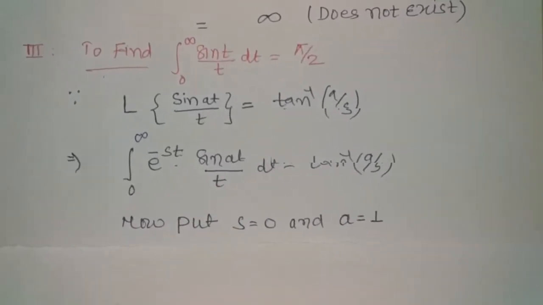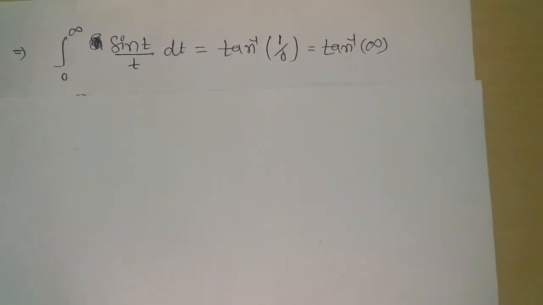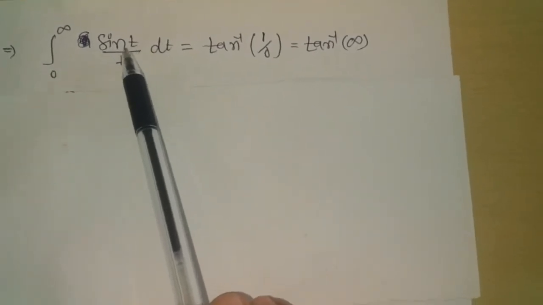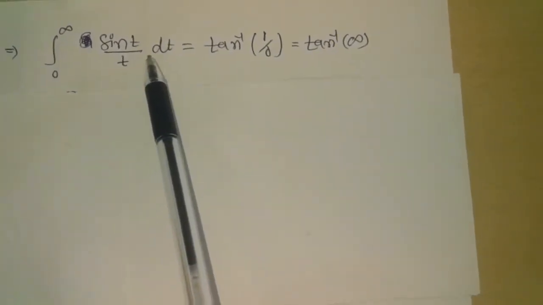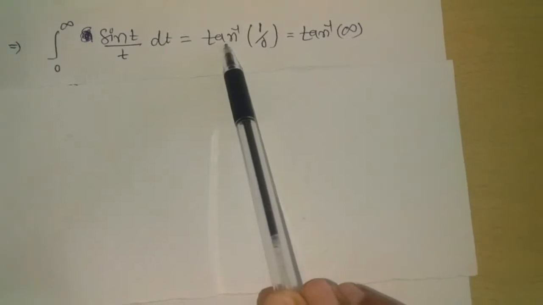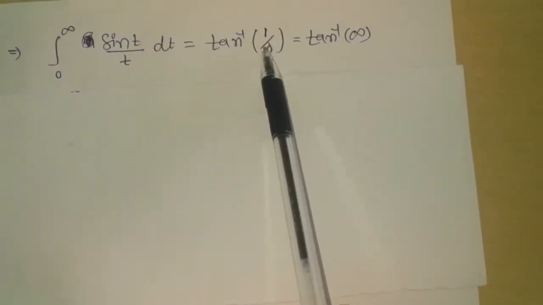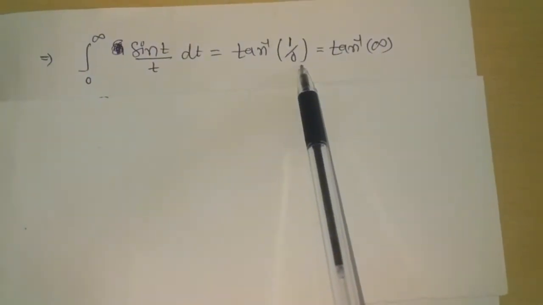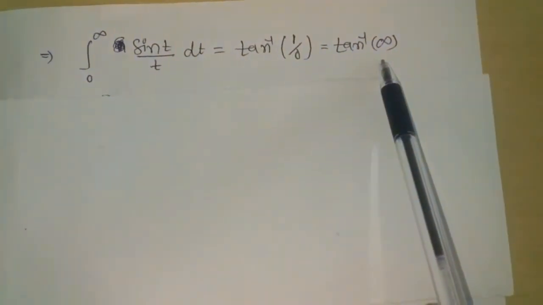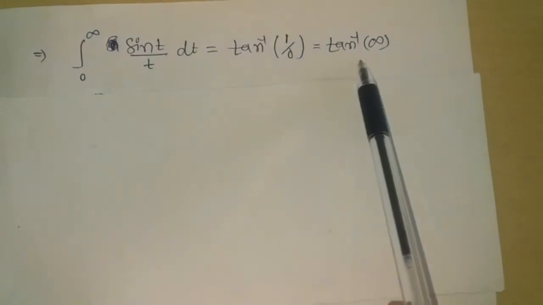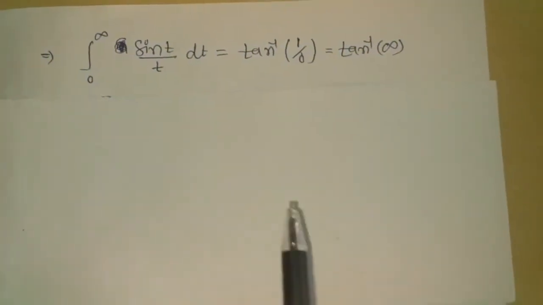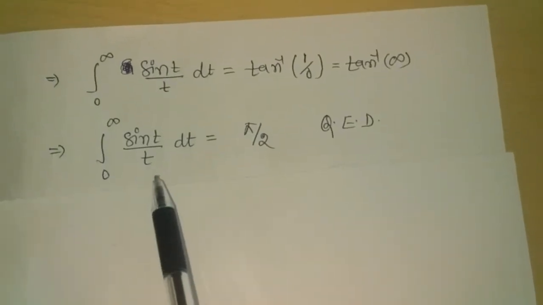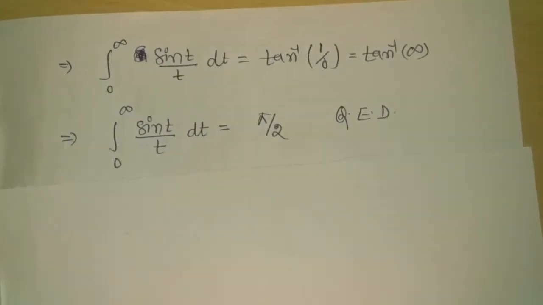So we get the integral from 0 to infinity of sin t by t dt equal to tan inverse a by s. So a is 1 and s is 0, and something upon 0 is infinity, so we get tan inverse infinity. And what is the value of tan inverse infinity? It is pi by 2. So we get the integral from 0 to infinity of sin t by t dt equal to pi by 2.